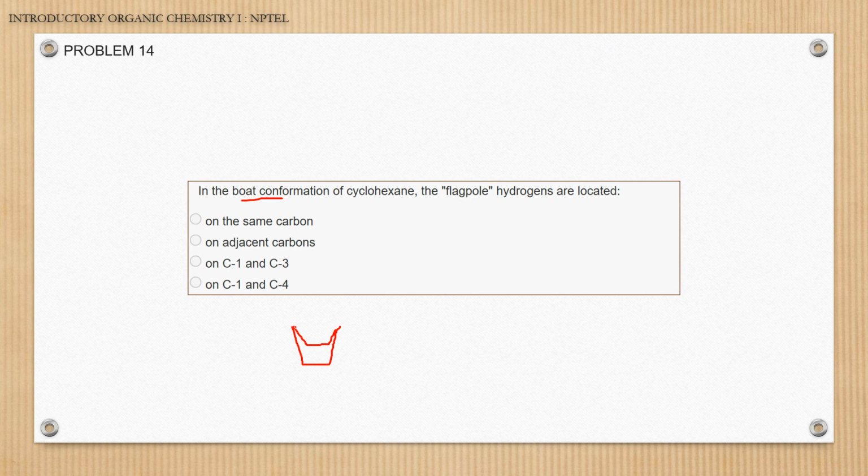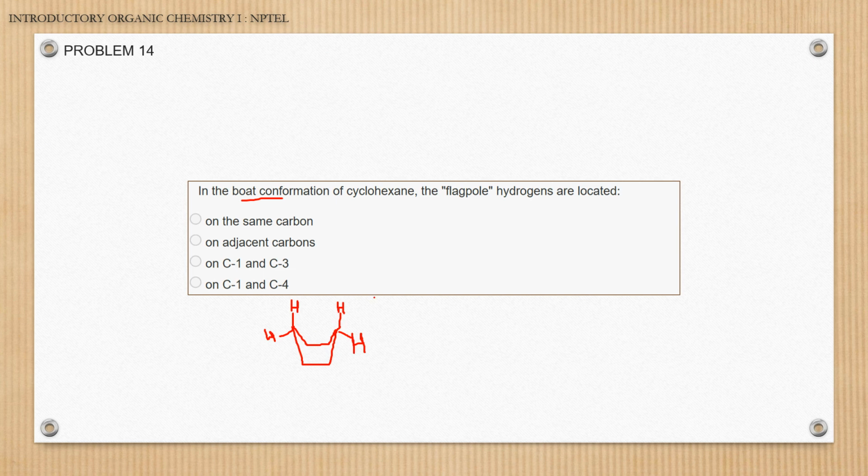Now they are talking about the flagpole interactions. The flagpole interaction occurs between the hydrogens of this boat conformation. So these two hydrogens, and there is also a hydrogen here. I'm not writing it, but carbon has a valency of 4, so these hydrogens are present here.